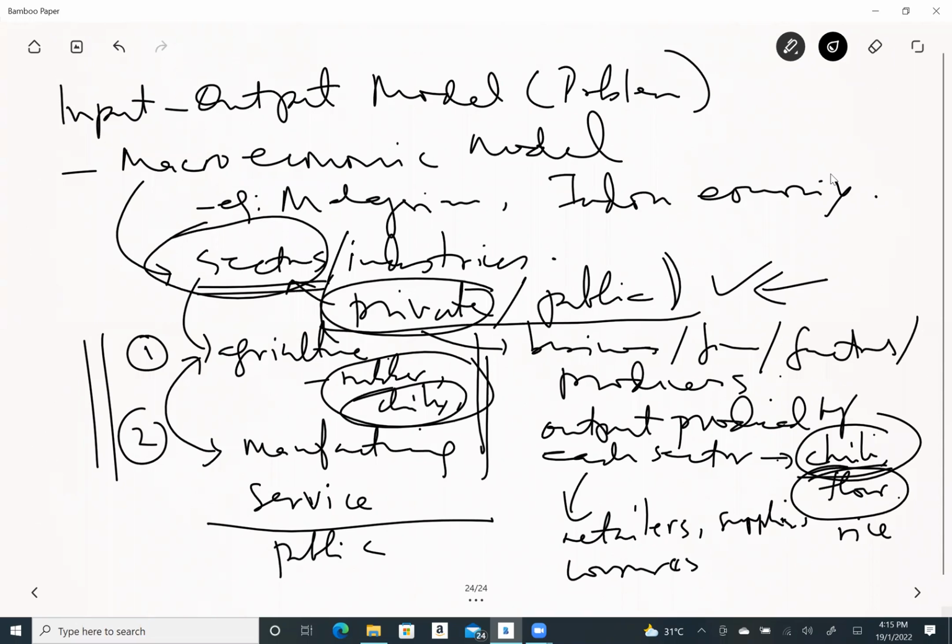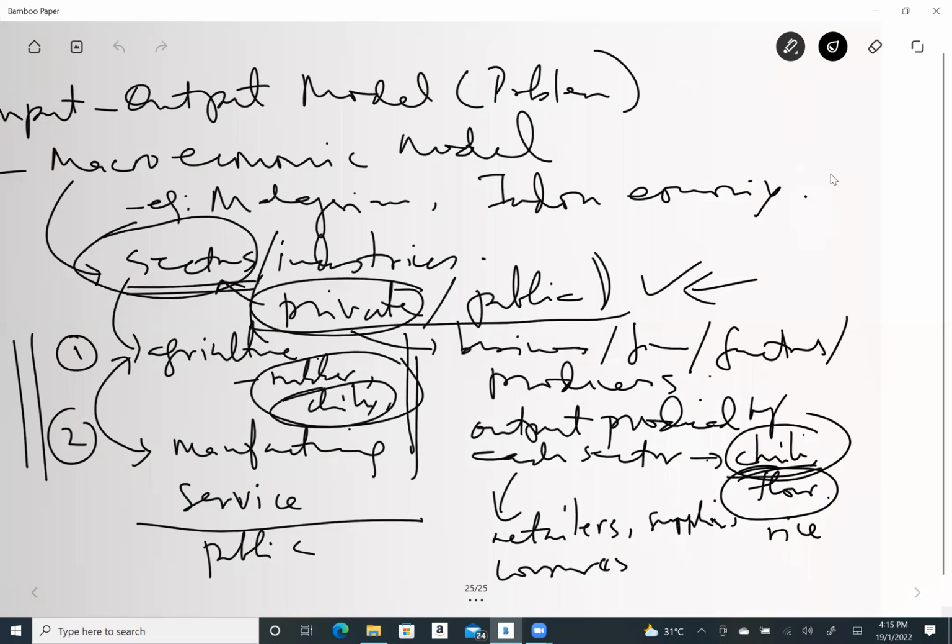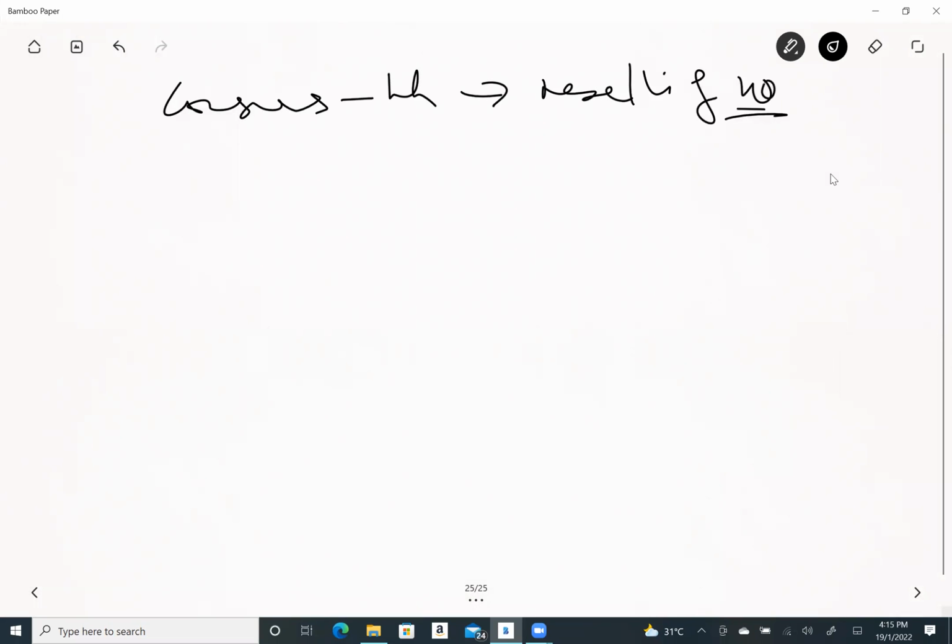Now, if you look at the people who bought the product, you can categorize them as two. One, consumers. If it goes to the consumers, meaning households, there will be no more reselling. It is final consumption.